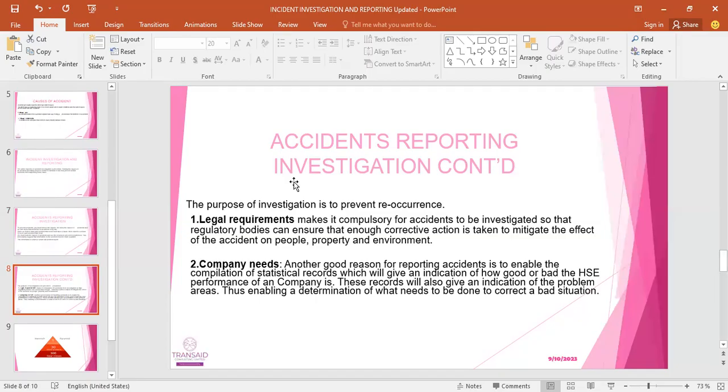There are always emerging trends in the field of health, safety, and environment. So accident reports will guide an establishment to know what they need to improve on.